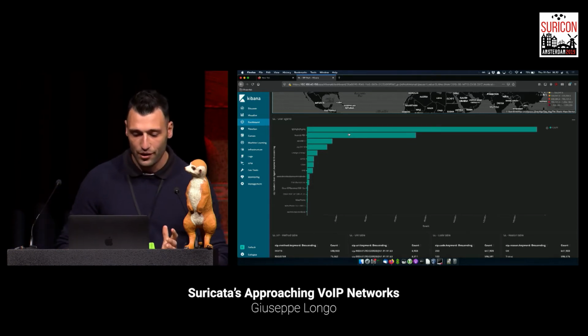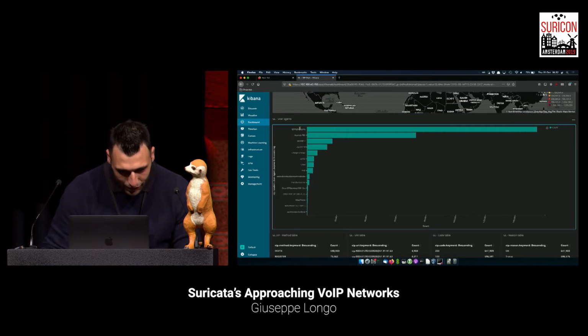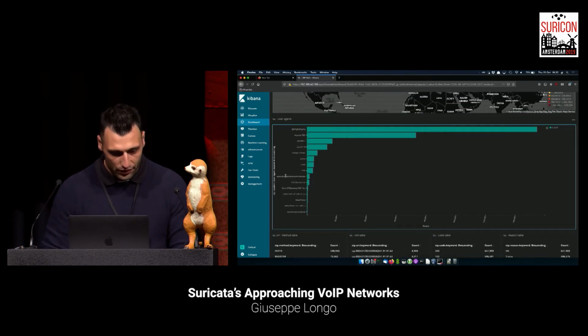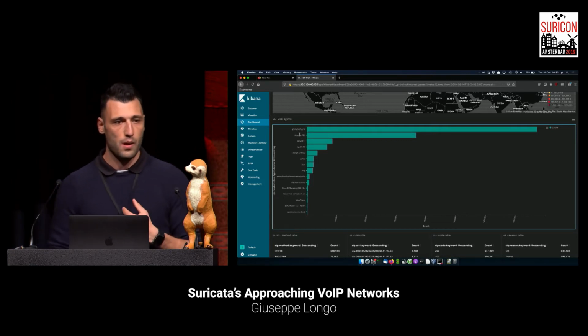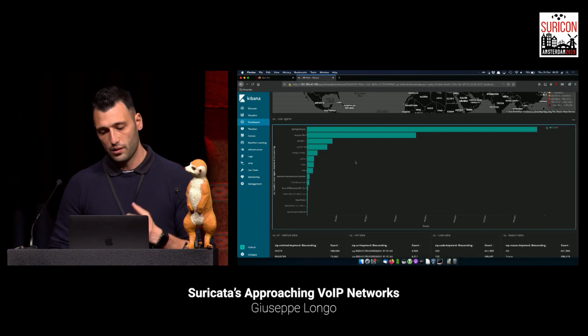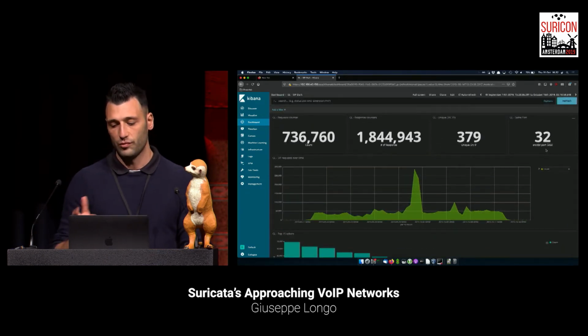Some of them are really strange, like this one, or this one. Instead, the most interesting are this Cisco SIP gateway, and we can see the Asterisk user agent, which confirms what I saw before about the number of connections coming from other SIP servers.